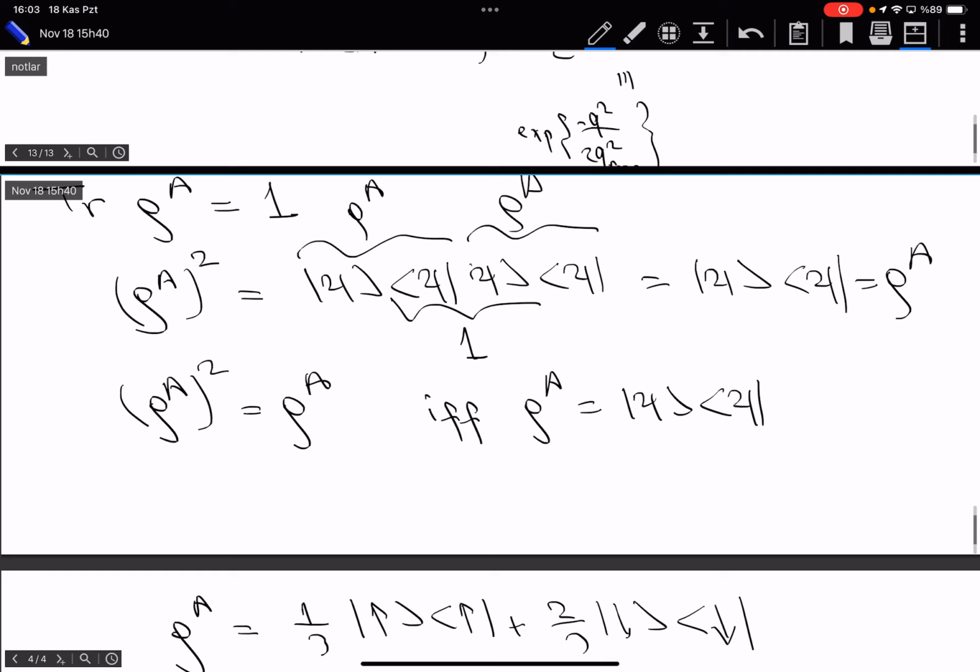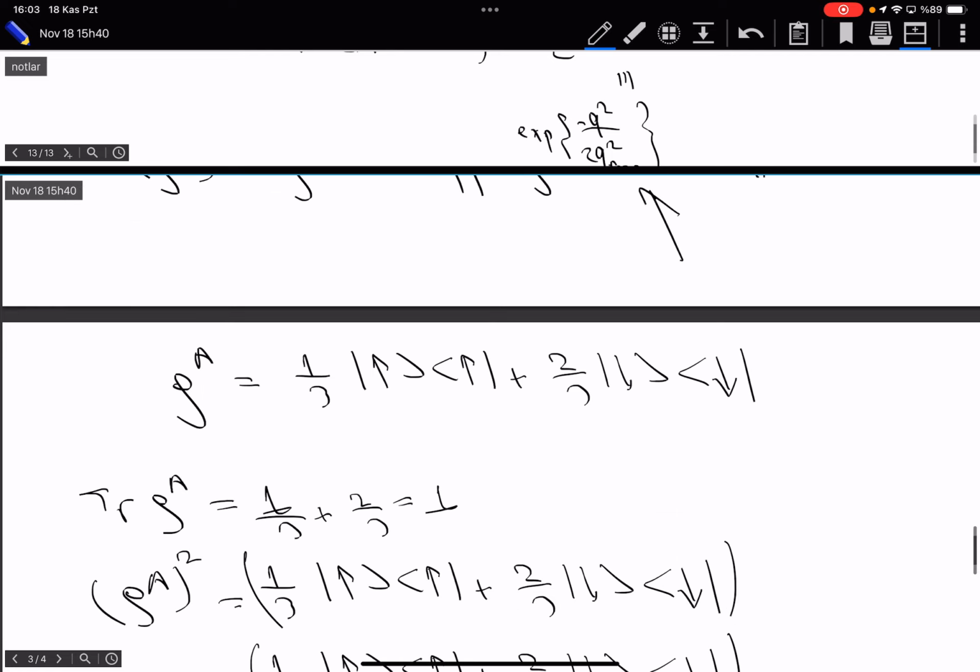It is valid only if we can talk about the wave function of a system, only if there is a single wave function describing my system. But if you look at this example, there is no single wave function describing my system. So I can only talk about the probability that my system will be spin up and the probability that my system will be spin down.